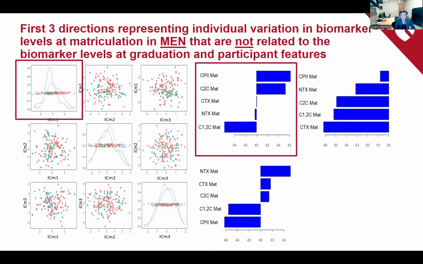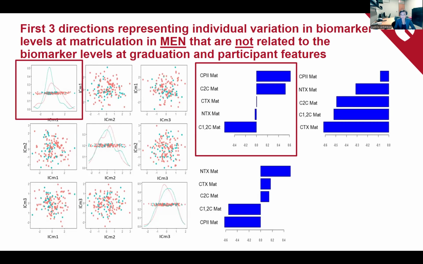And they are colored by injury status after matriculation. Injury is blue and no injury is red. Each dot is a person. This is individual level information from score matrices. Location of each individual in the coordinate system is defined by the individual directions shown in panels on the right.